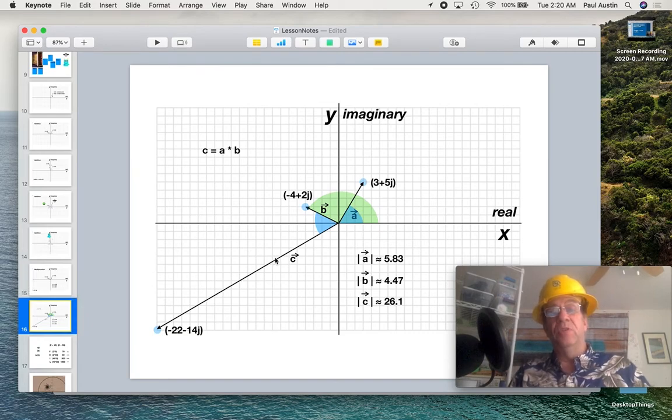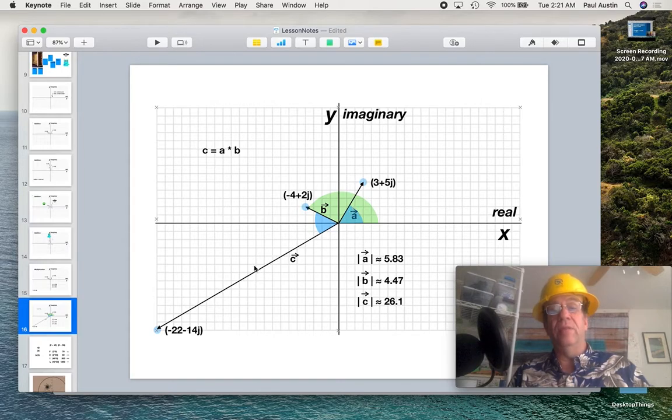But the short of it is, if you're looking at how it works with magnetic fields and electric fields, you actually take the angle of one and the angle of the other. That's where I got the blue part here, and the green part here. You add them, and this would be the angle of the final.